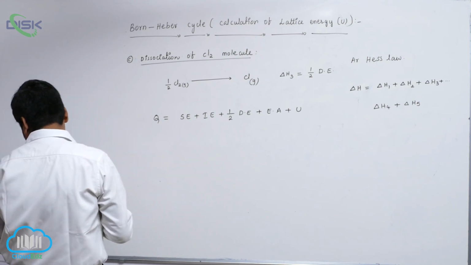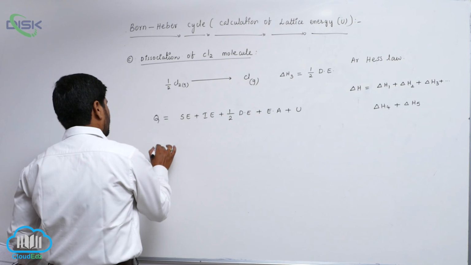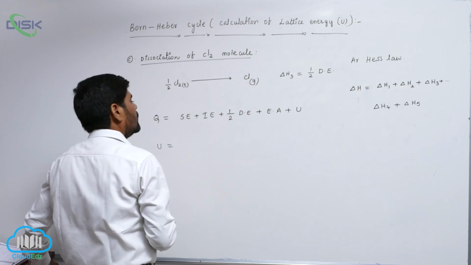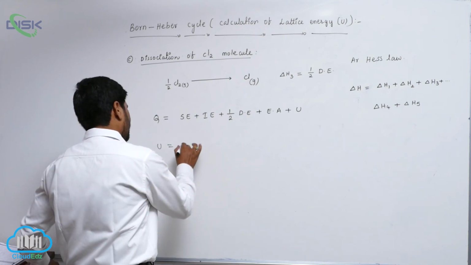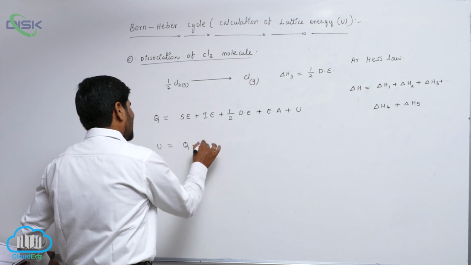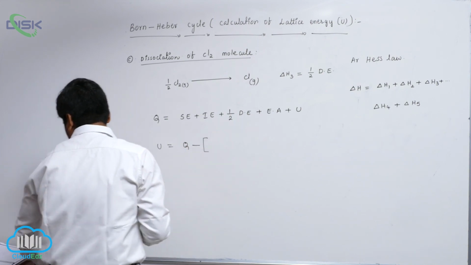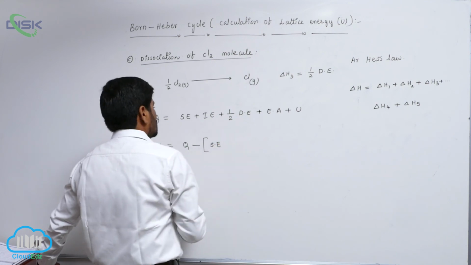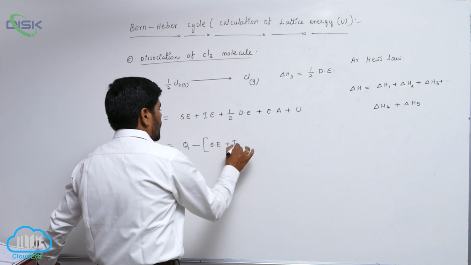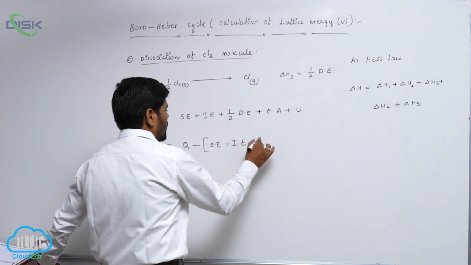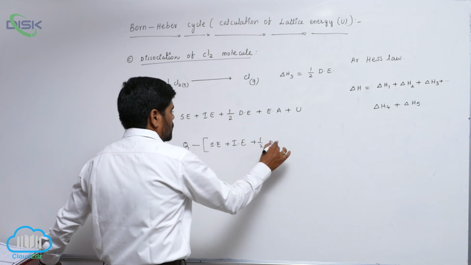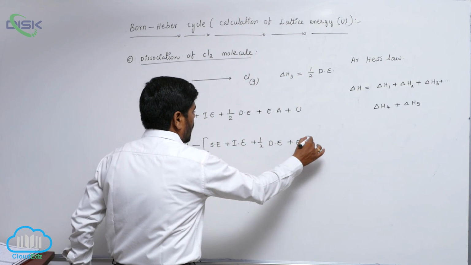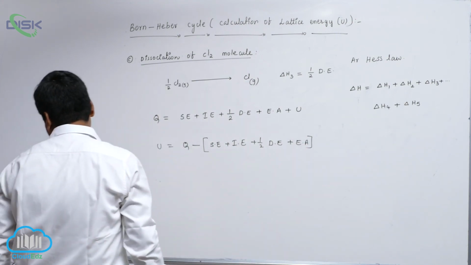Therefore U, the lattice energy, equals Q minus sublimation energy, ionization energy, 1/2 dissociation energy plus electron affinity.